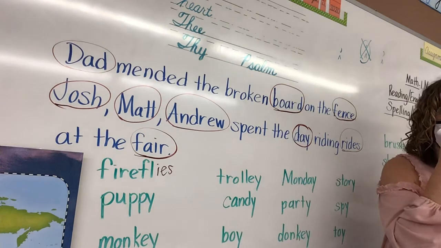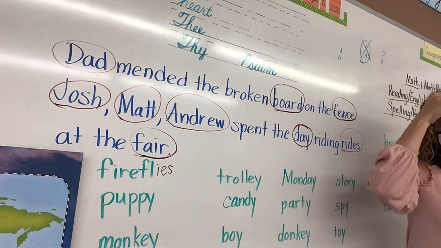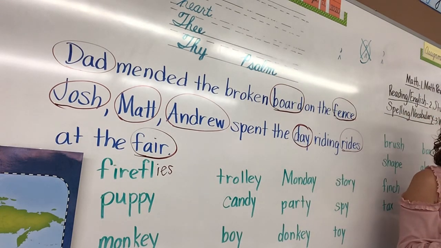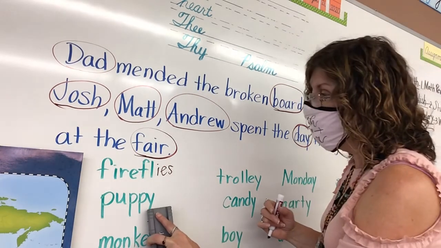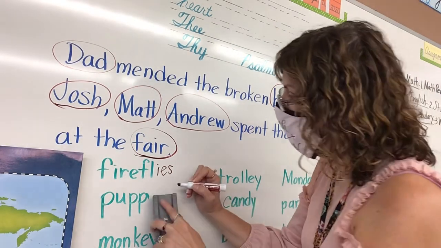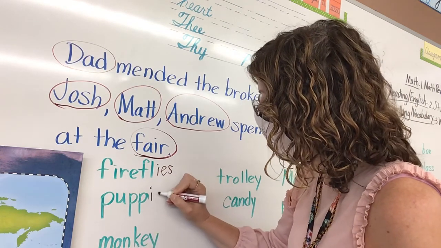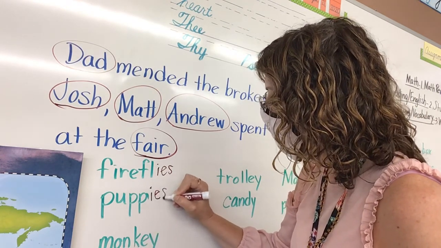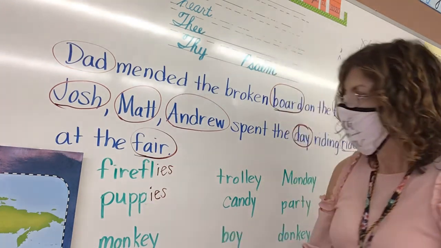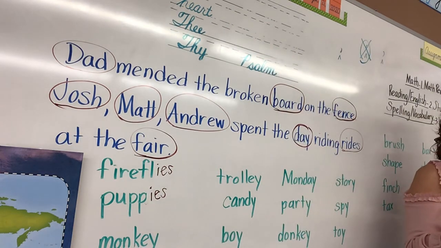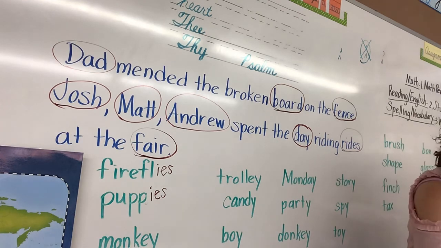All right, what's the next word? Puppy. What's in front of the Y? P, which is a consonant. So we are going to change the Y... is a vowel.